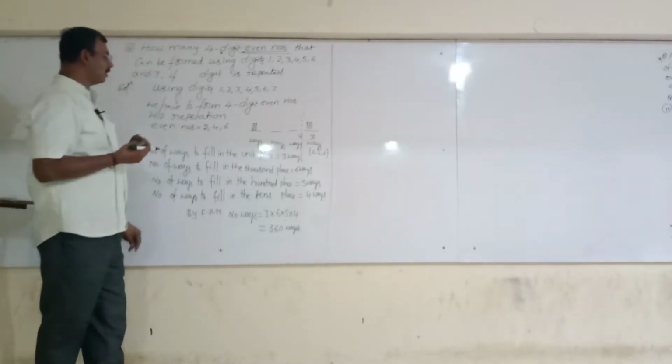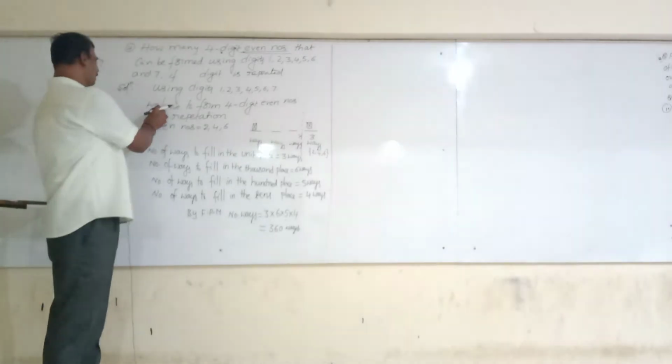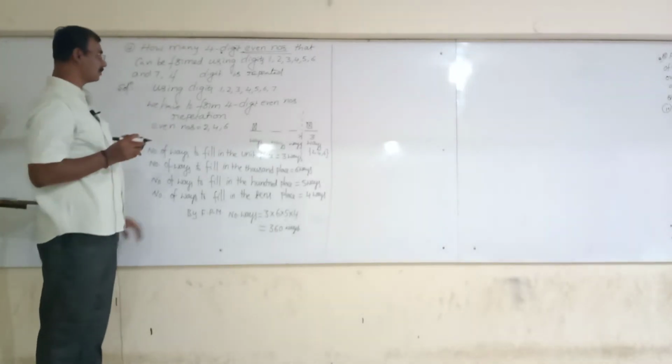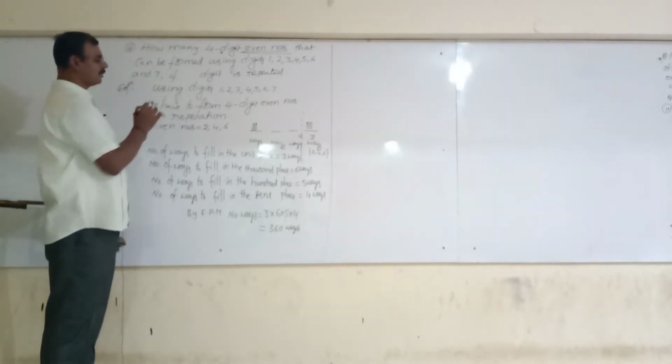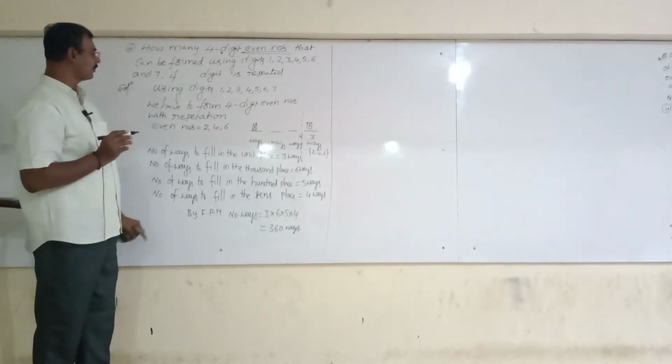So what is the meaning of repeated? Here this condition is not wrong. With repetition now we have to take. This is the repetition model, very simple.